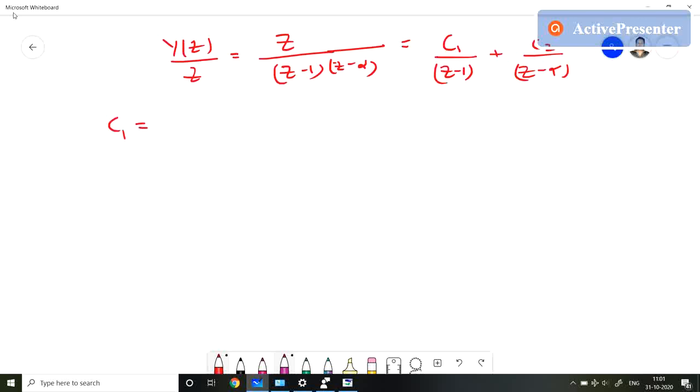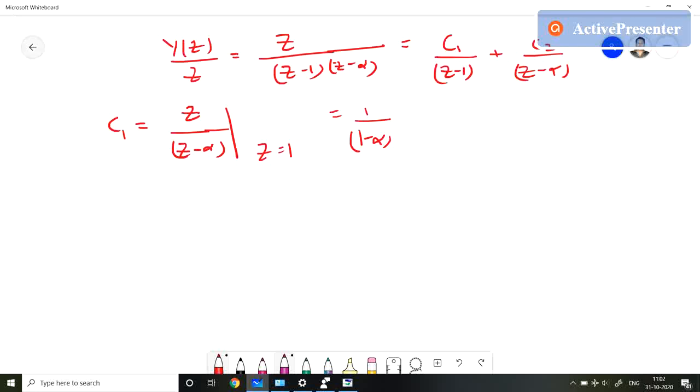So C1 is equal to z divided by z minus alpha at z equals 1. So what we will get here is 1 divided by 1 minus alpha.